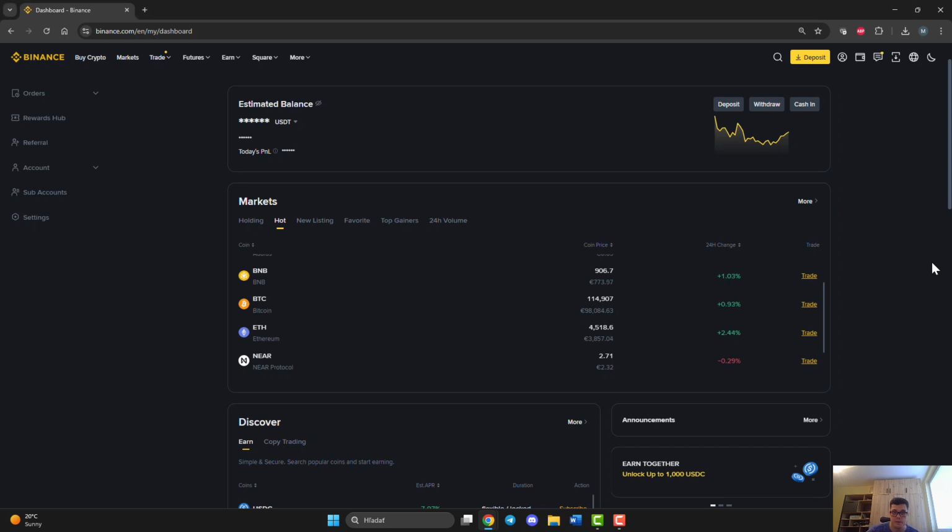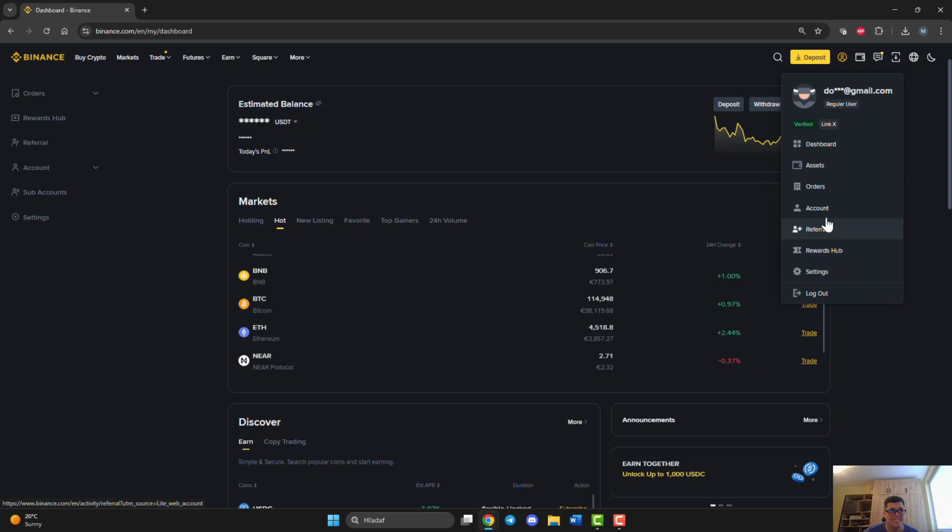After you register yourself on a platform like Binance, you need to complete identity verification, and I recommend also using two-factor authentication, right? It's all in your profile, and you can go through the settings there, right?